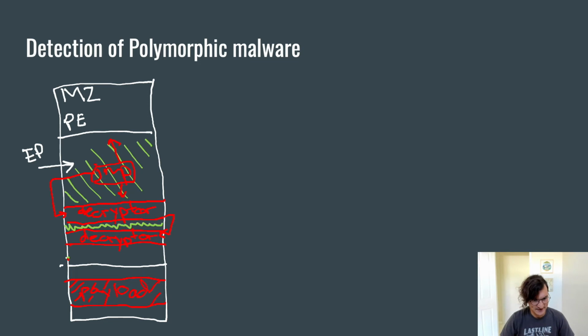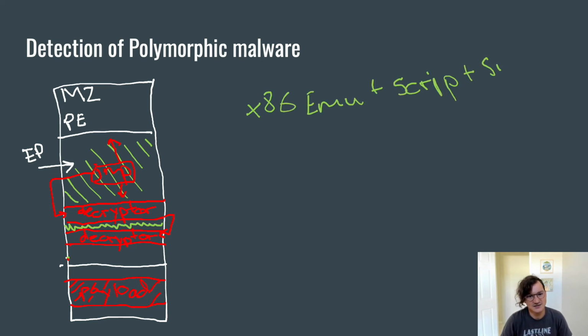And that's why a more advanced approach to detect this would be x86 emulation plus script, and probably plus signature as well. The script itself would most likely contain a part of the signature, but to be fair, that would be a threefold combination: emulation, scripting, and signature.